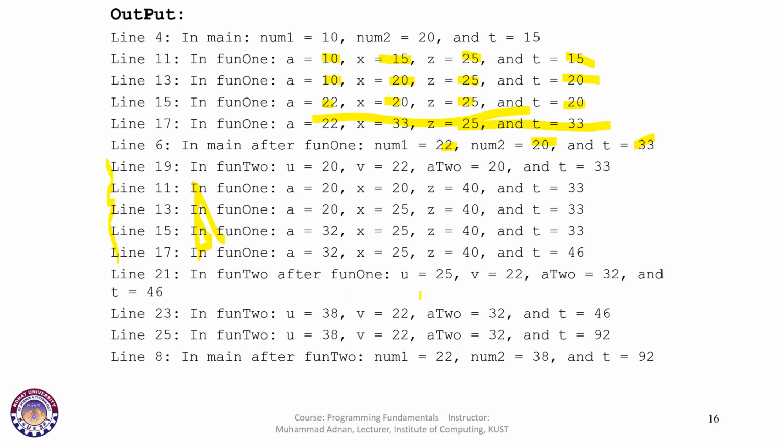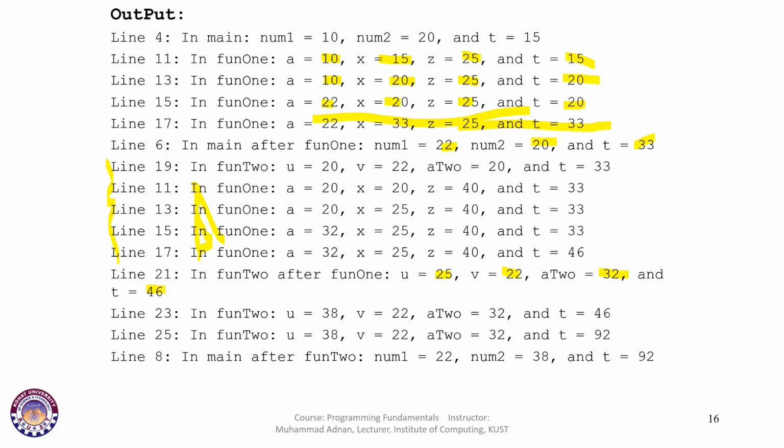So in function 2, after function 1 is called, we will get the value of u as 25, v as 22, a2 as 32, and t as 46. So you can get a pen and a pencil and a copy, and you can write these steps one by one. I know that there are details, but it is only the practice that makes you perfect.